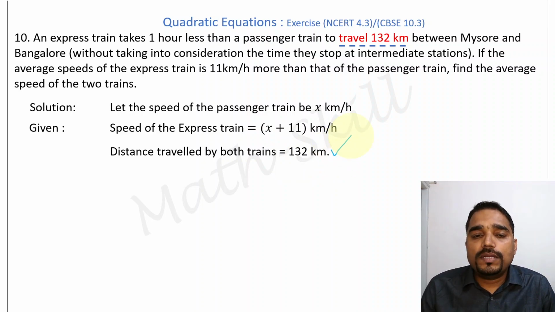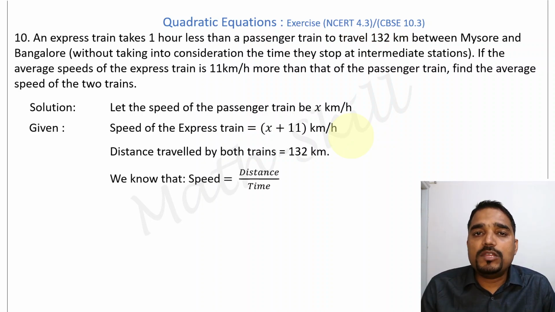Now, we know a relationship between speed, distance and time, that is, speed is equal to distance by time. This is a formula used in physics. The same formula we will be using here. Because he is giving the condition of time, that is, the express train, since it moves faster, takes 1 hour less to travel the same distance as the passenger train, let us take time to the LHS.